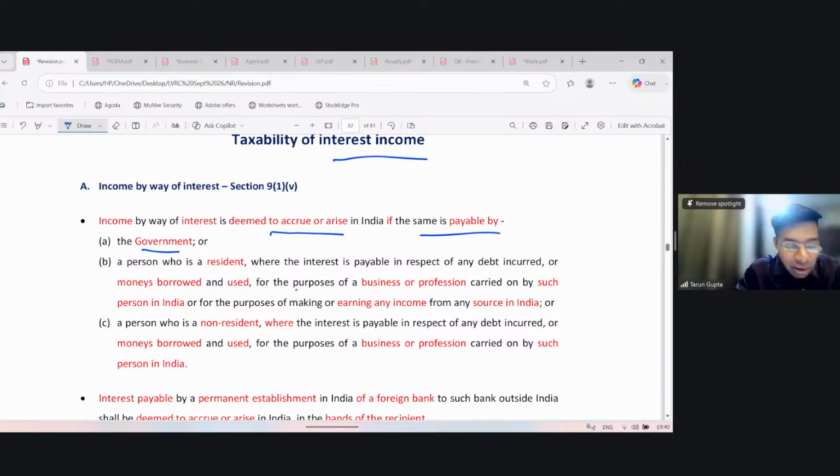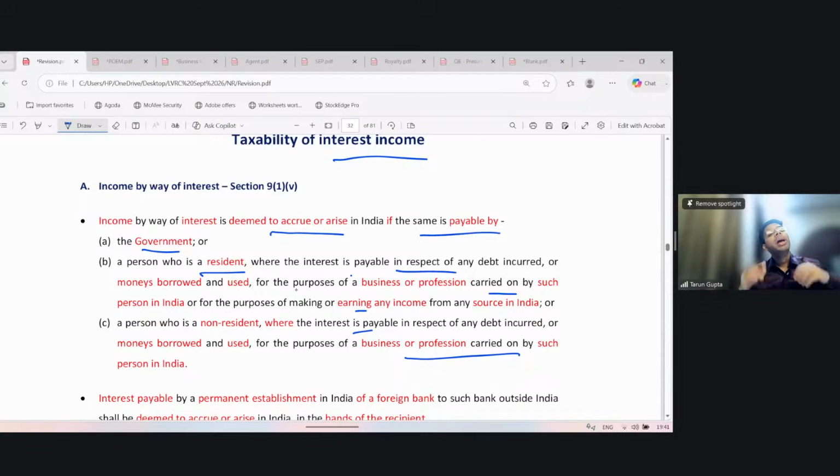However, if the payer is a person resident in India, then also it shall be deemed to accrue or arise in India, except when such interest is payable in respect of money borrowed and used for the purpose of business or profession carried on by such person outside India, or for the purpose of earning any income from any source outside India. Or where interest is payable by a non-resident, it shall be deemed to accrue or arise in India where the interest is payable in respect of debt incurred or money borrowed and used for the purpose of business or profession carried on by such person in India.